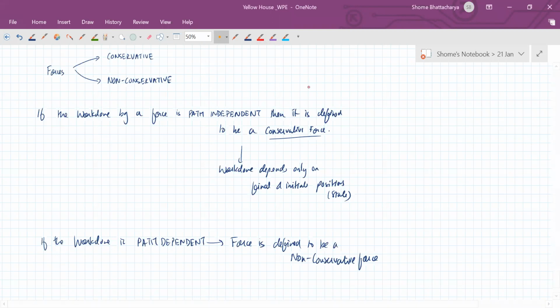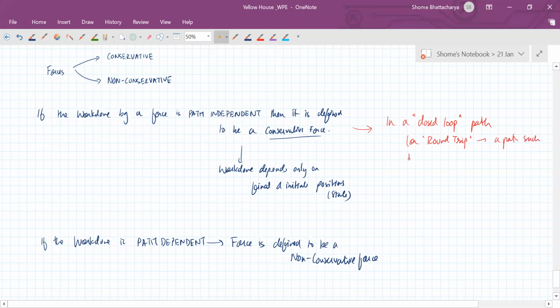Okay, now one more condition we'll see here, that in a closed loop path, or what we also call a round trip, that means a path such that the particle or body returns to the initial position.